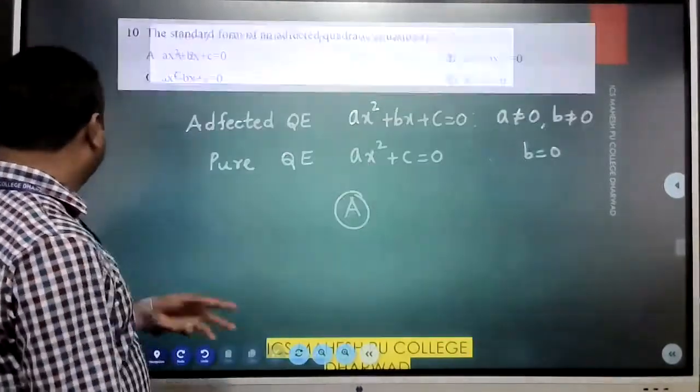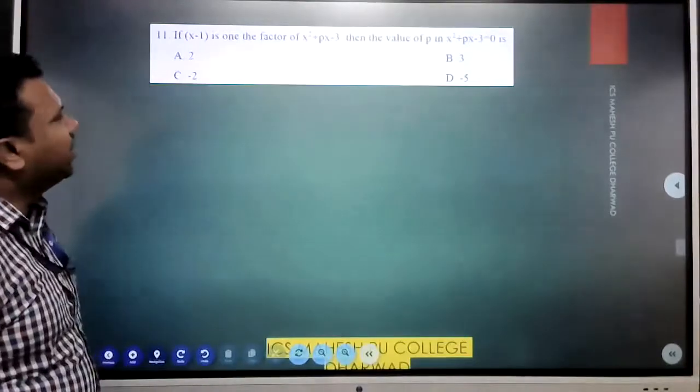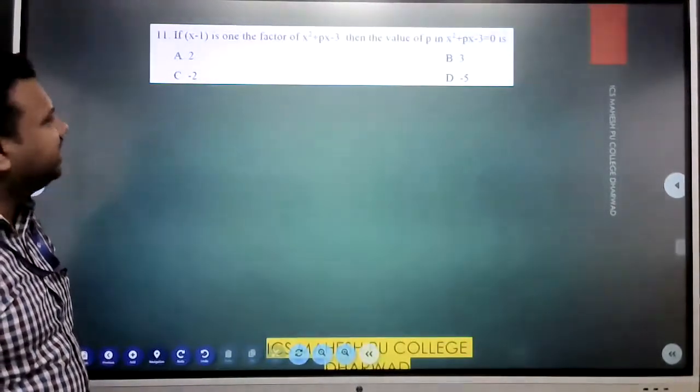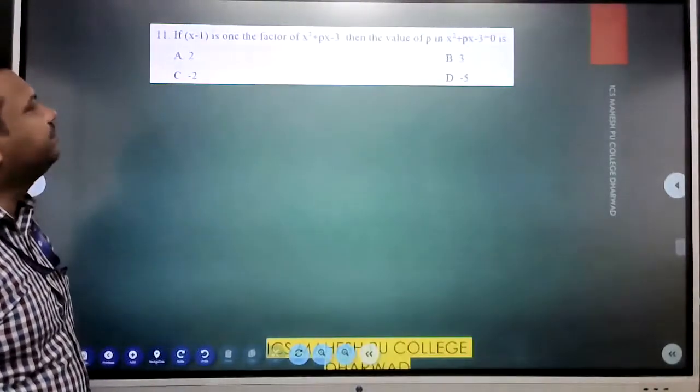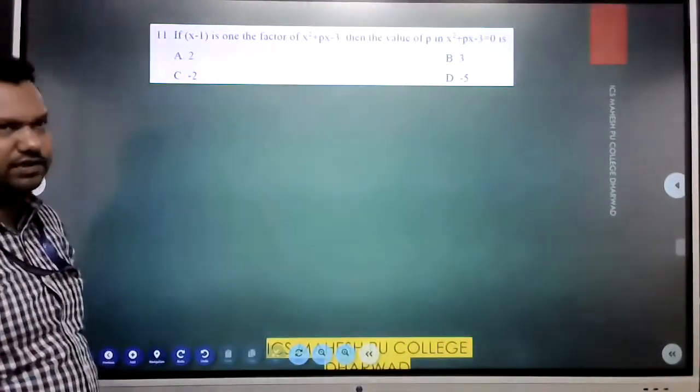Right? Next. If x minus 1 is one of the factors of x square plus px minus 3, then the value of p in x square plus px minus 3 equal to 0 is, of the calculator.